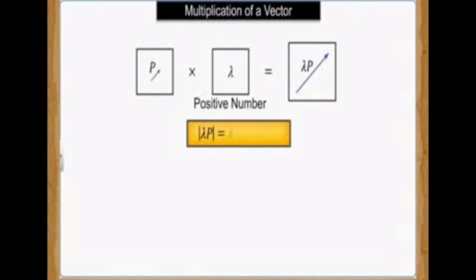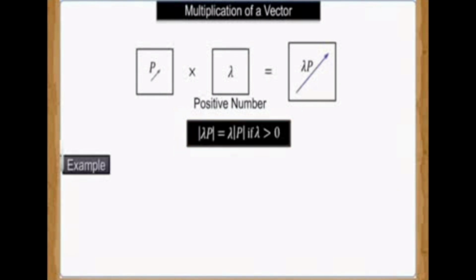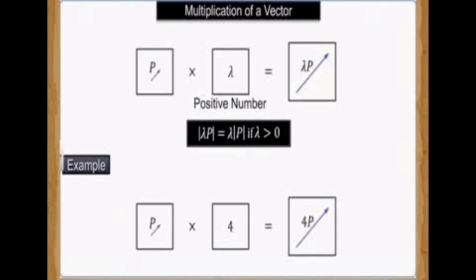The direction of the vector stays positive, that's why you get a positive vector. The example for this is a vector p multiplied by 4, where 4 is the magnitude. Multiplying with that direction, you get the vector 4p. It's an example of vector multiplication.